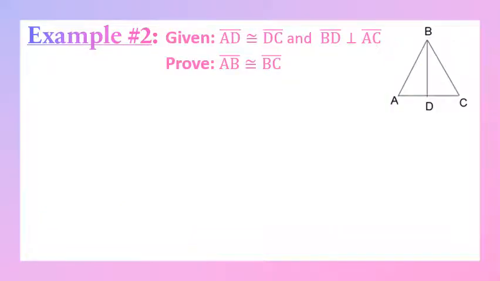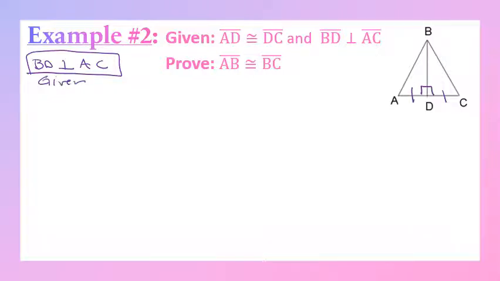All right, so next problem. We are given that AD and DC are congruent, and we're also given that BD is perpendicular to AC. So looking at my statements, I'm going to write the second statement first just to be different. BD is perpendicular to AC. I know that is given.